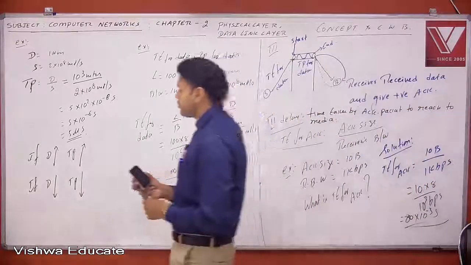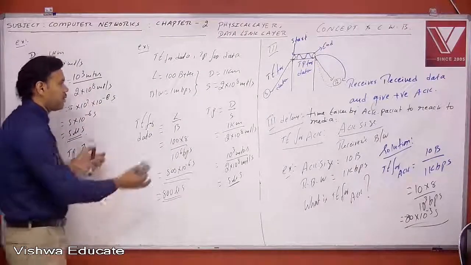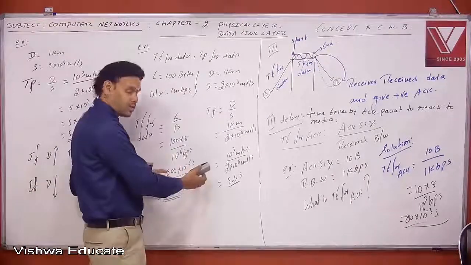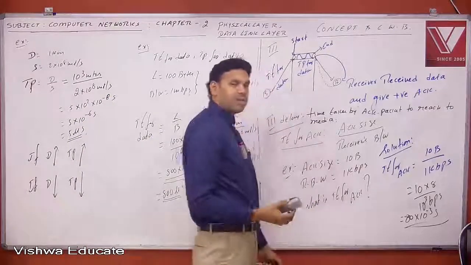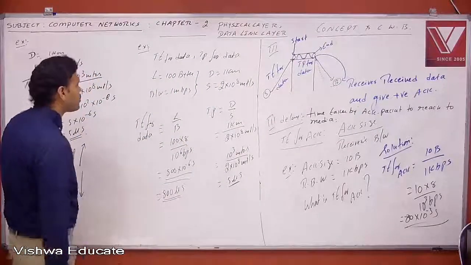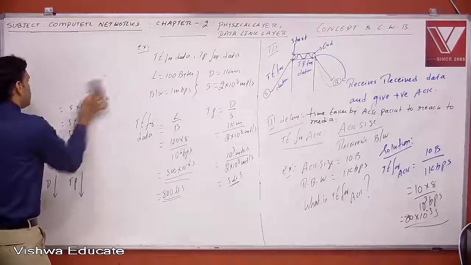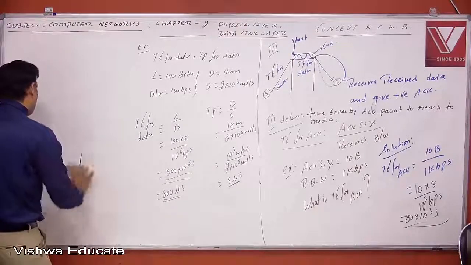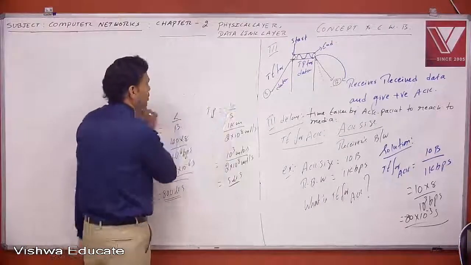Well, friends, I hope you understood how to calculate propagation time, how to calculate transmission time for acknowledgement, and how to calculate transmission time for data. So far I taught you three delays.